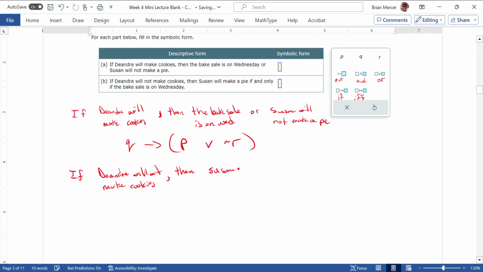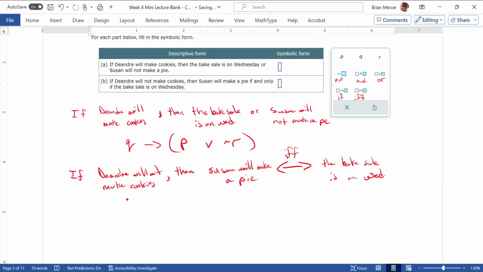Susan will make a pie if and only if. So we've got the biconditional instead of the conditional. And so if and only if what? The bake sale is on Wednesday. I didn't mean to write the symbol, but okay, you get what I mean. I meant to write if and only if.